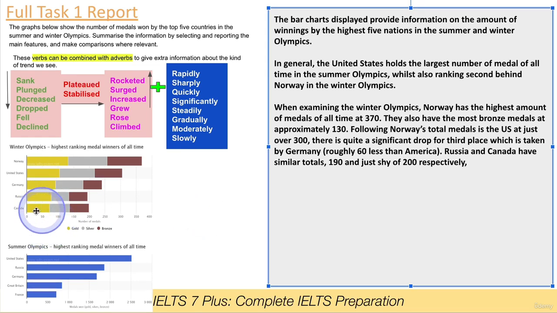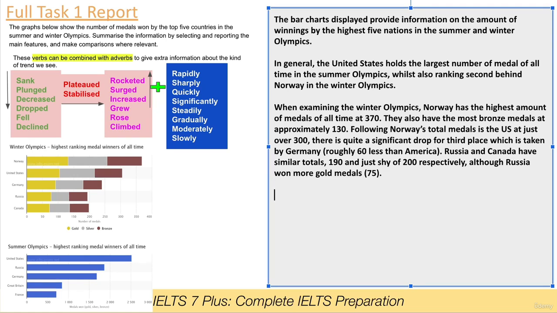And although Russia has more gold medals, Russia won more gold. And then let's use a nice bracket at 50, 60, maybe 70, 75. It looks like it's right in the middle there, 75.